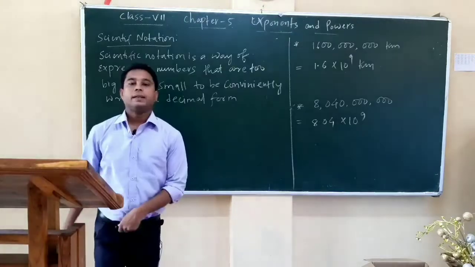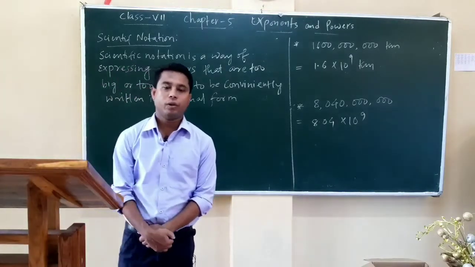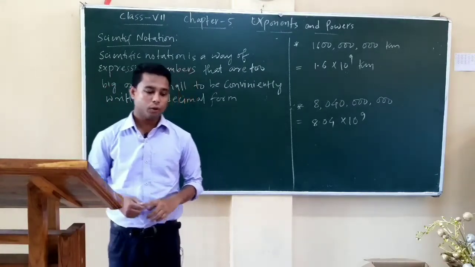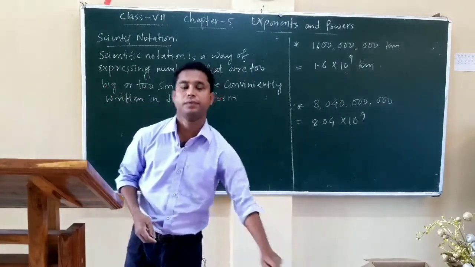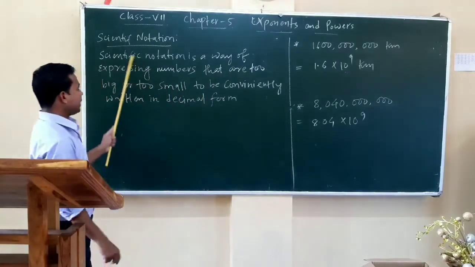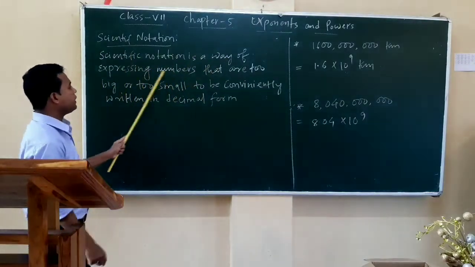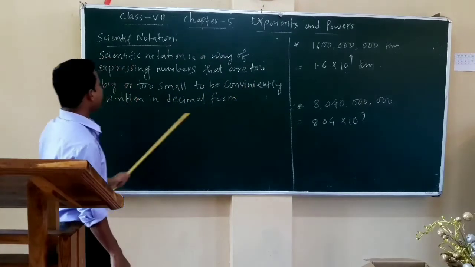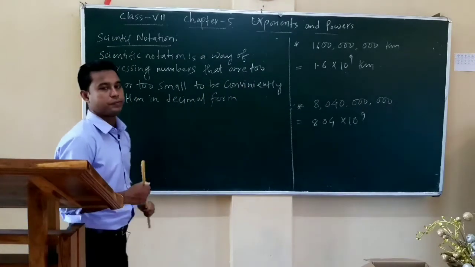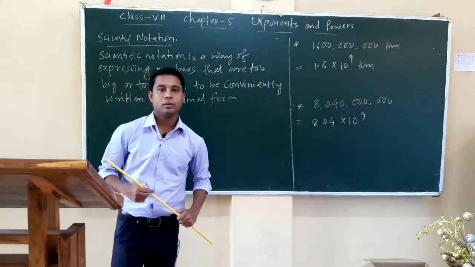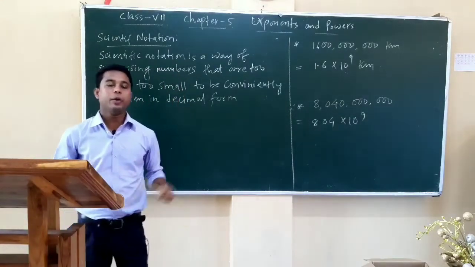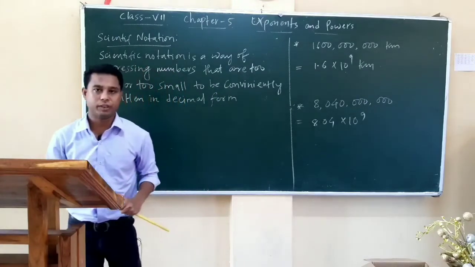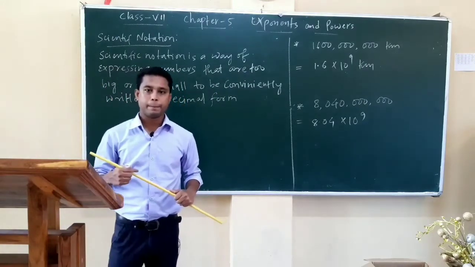Now the last topic of this lesson is scientific notation. So what is the definition of scientific notation? Scientific notation is a way of expressing numbers that are too big or too small to be conveniently written in decimal form, so that a huge number or a very small number can be written conveniently.